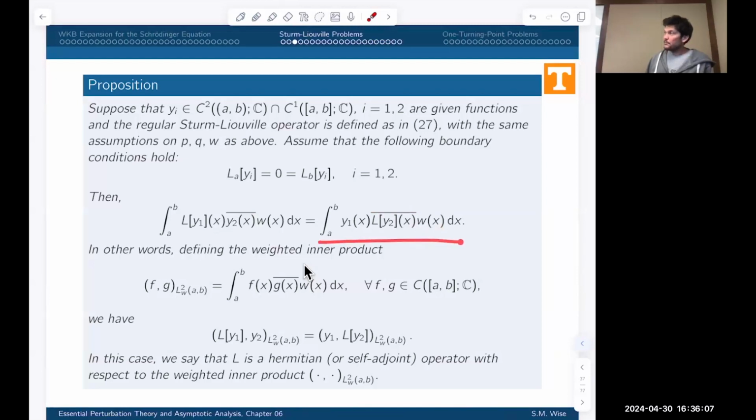This can be represented in a nice, very simplified form if I introduce something called the weighted L2 inner product.